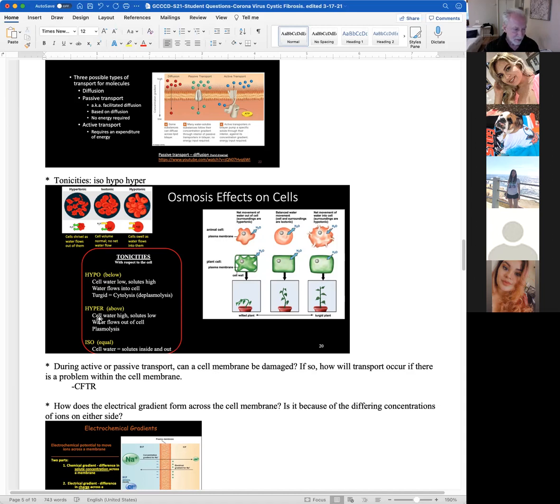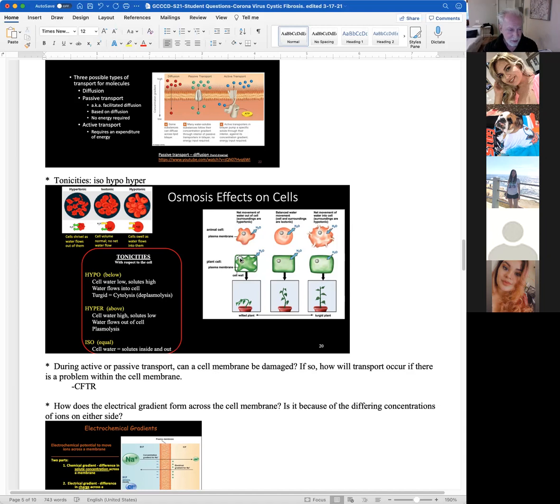Hypertonic is the opposite. The water concentration in the cell is high. The solute concentration is relatively low, and water flows out of the cell, so the cell shrinks. It's called plasmolysis. And you can see these phenomena with red blood cells, shown here under hypertonic conditions. The red blood cells shrink. Under hypotonic conditions, they swell up, and in fact, if the osmotic pressure is too high, they will burst.